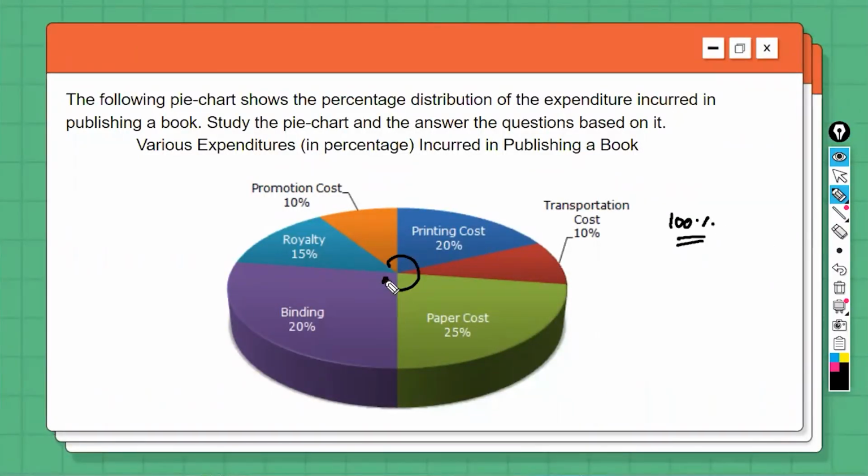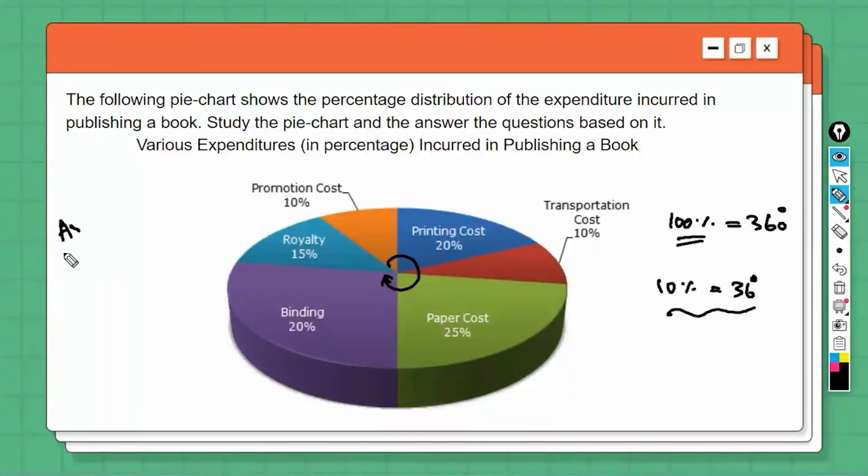And what is the total value inside a circle? Total angle inside a circle is, I believe most of you know that, 360 degrees. Very good. So this 360 degrees is 100%, or 10% will be equal to 36 degrees.